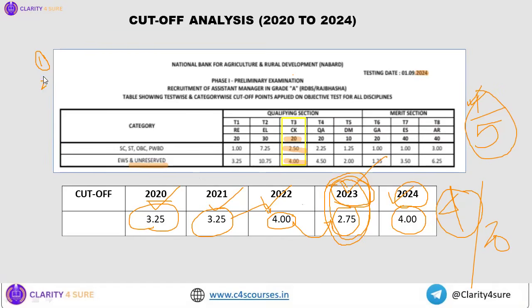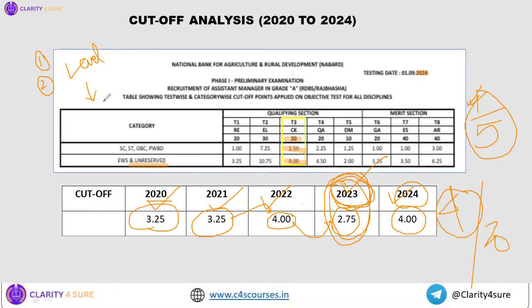Second key takeaway is that if the level of the examination is high, candidates won't be able to answer, then the cutoff will go down. That's for sure, that you can see from the year 2023.